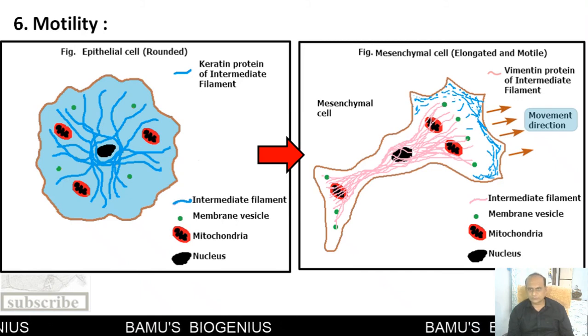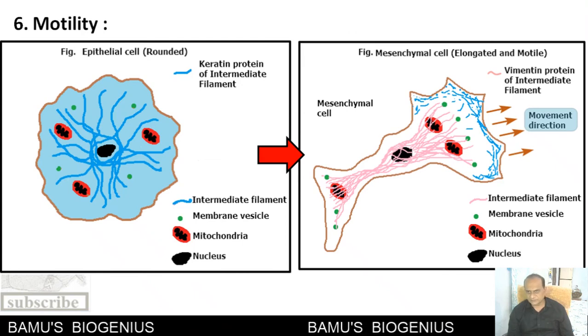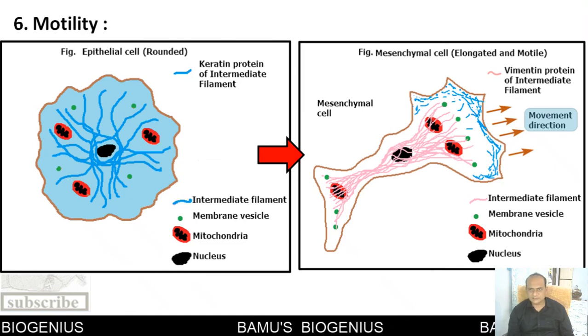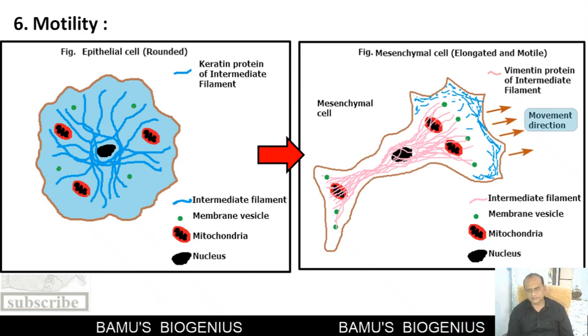Now this motility is achieved by this vimentin protein, which is now the ingredient of the intermediate filament. So this suggests that certain kinds of proteins are responsible for formation of special intermediate filaments, and these intermediate filaments are responsible for motility of that particular cell.